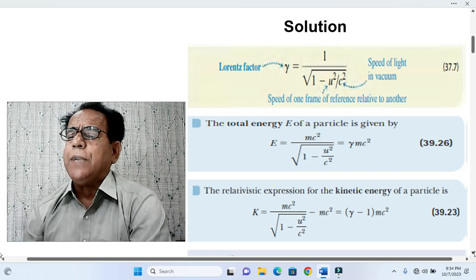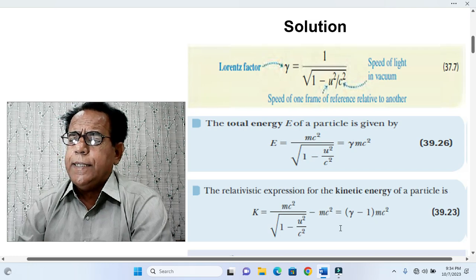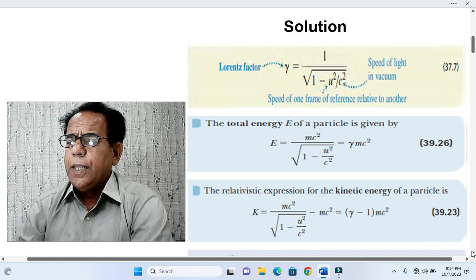What we have done is take mc square common from both these terms, and hence it has taken the shape gamma minus 1 into mc square.